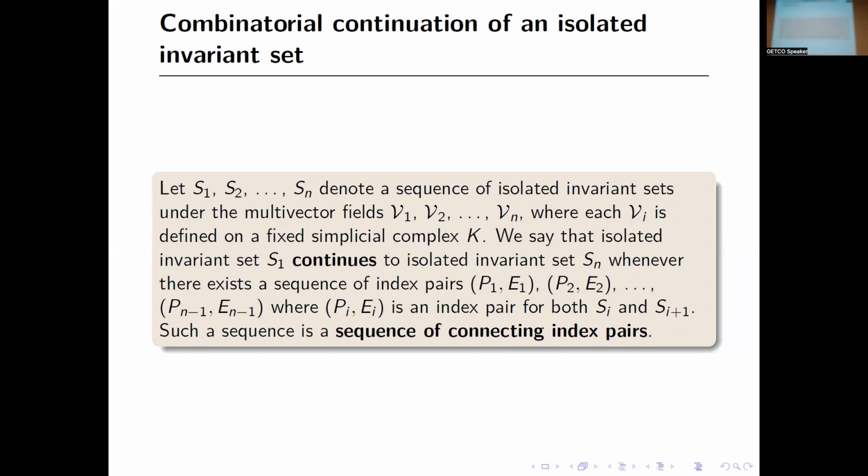So the idea is very similar, but what is the difference? One of the differences is that instead of a parameterized family of flows, we have a sequence of multivector fields such that every two consecutive multivector fields are related by an atomic rearrangement.